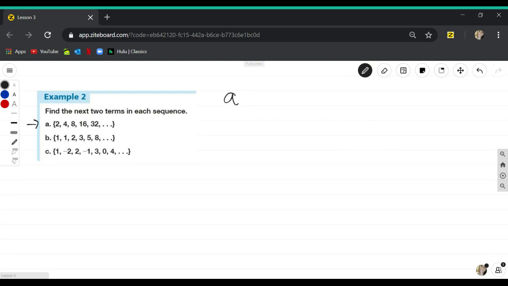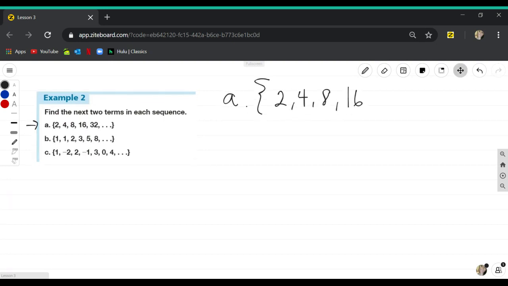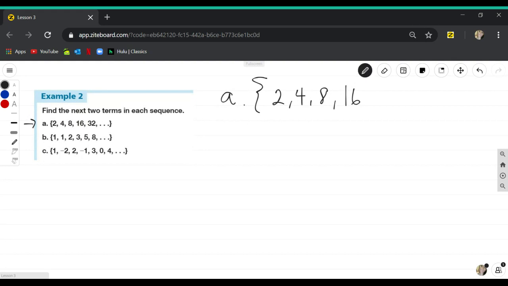A is the sequence; the little brackets mean the sequence: 2, 4, 8, 16. Okay, so I see a pattern. 32, dot, dot, dot.